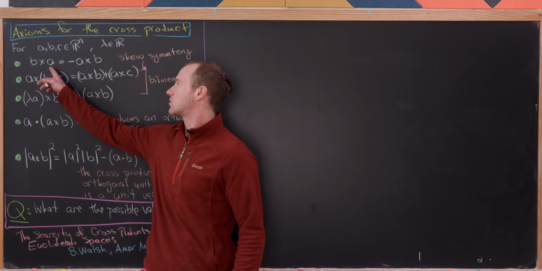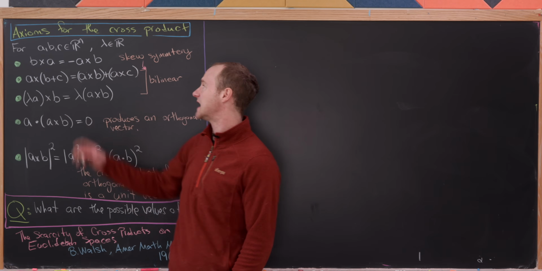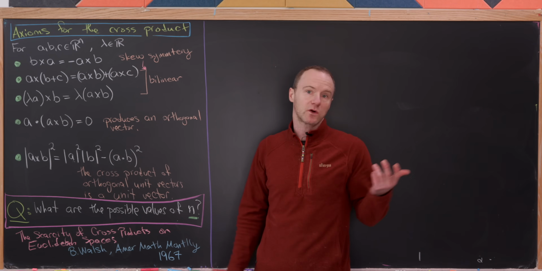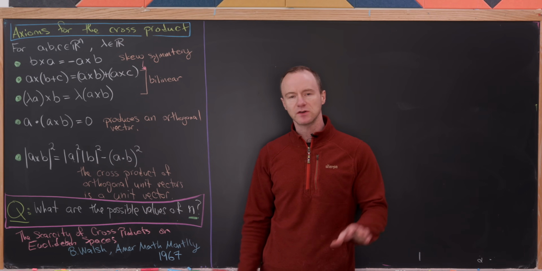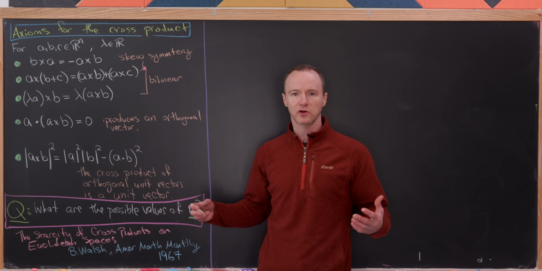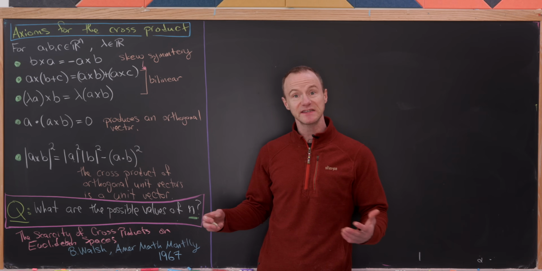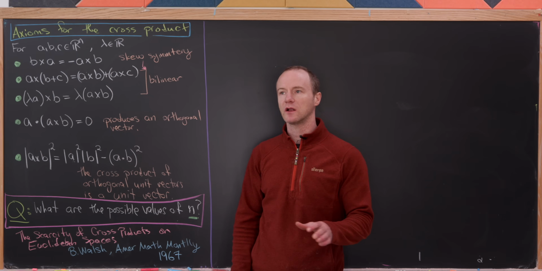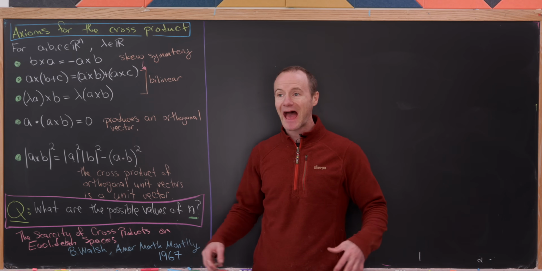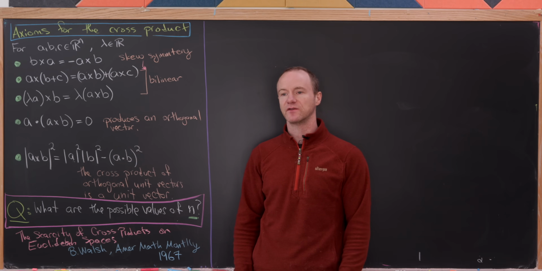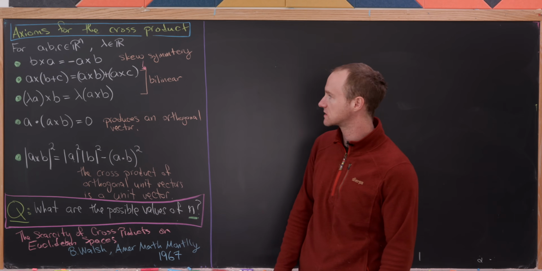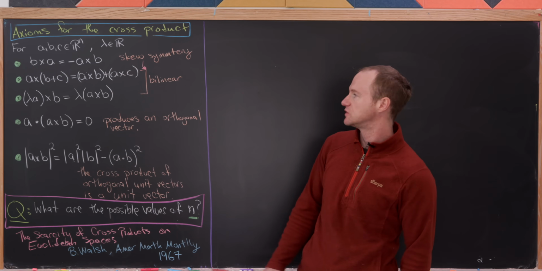That says that B cross A is the same thing as negative A cross B. So you flip the order and you pick up a minus sign. So of course, the normal cross product is going to satisfy this axiom as well as all of the others, because you can really view all of these axioms as abstracted versions of the properties held by that normal three-dimensional cross product.